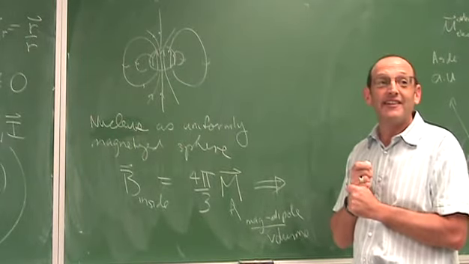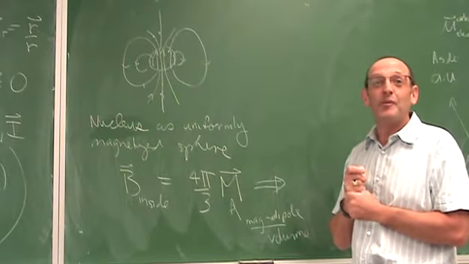And the volume of a point is 0, so 1 over the volume of the point is a delta function.